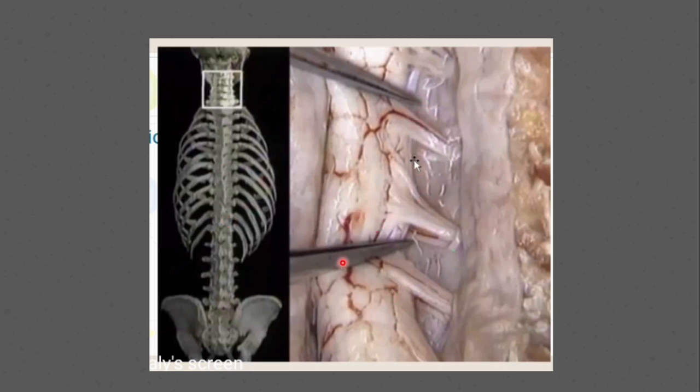The spinal cord ends at L1 and continues as the cauda equina. So, if there is a lesion from C2 until L1, there is an upper motor neuron lesion, while any impairment from L2 until S4 is a lower motor neuron lesion.